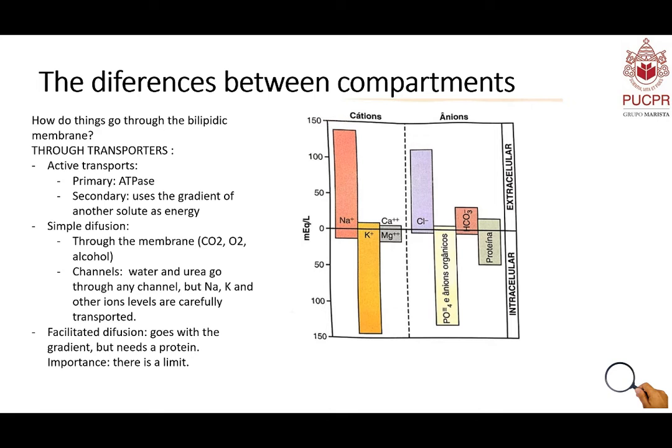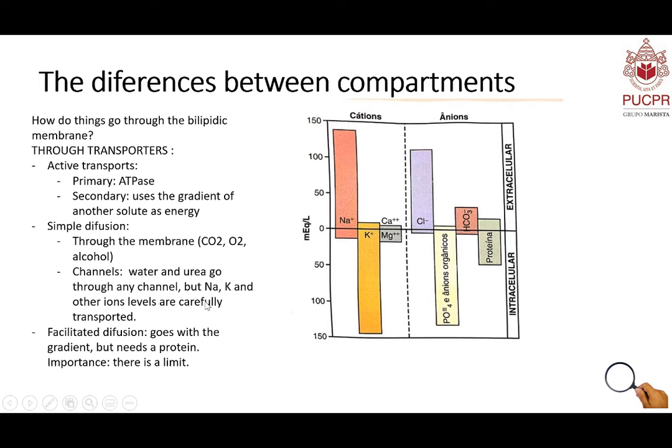Okay, so we understand simple diffusion. We understand that some substances can seem like they go freely, but they actually take channels. But ions are very carefully transported.